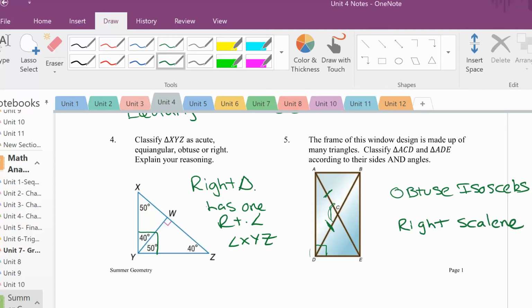So triangle ACD is obtuse and isosceles, while triangle ADE is right and scalene.